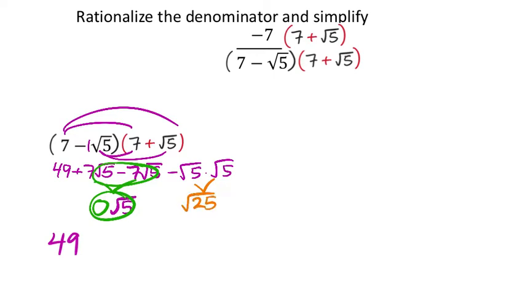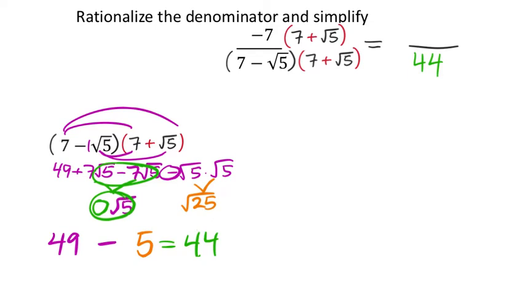Square root of 25 is 5. Now between that, we had this subtraction there, so it's 49 minus 5, which is 44. So my new denominator actually is just an individual value of 44. So that rationalized that denominator with the conjugate. Okay? Again, all the work between here and here is this down here.